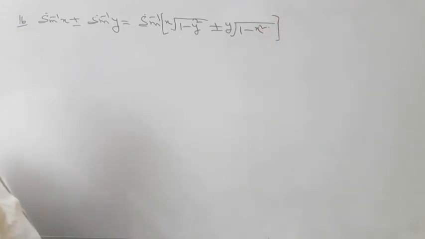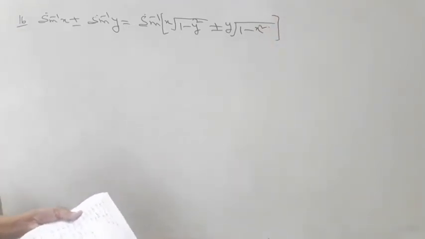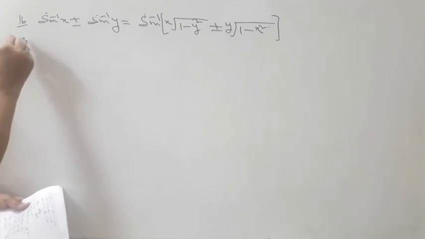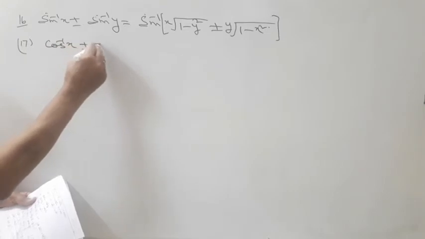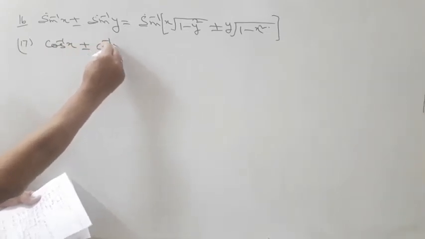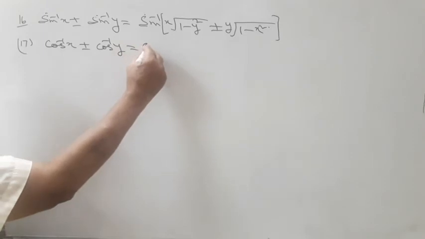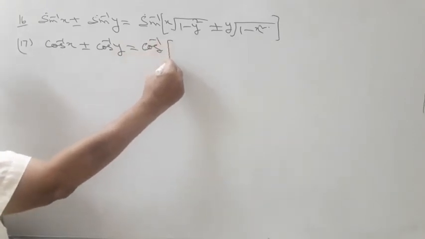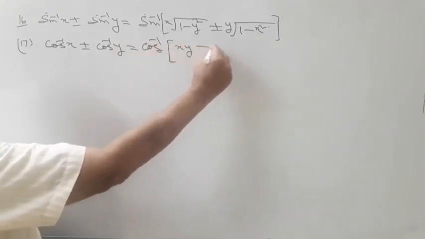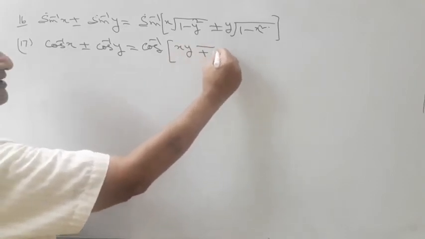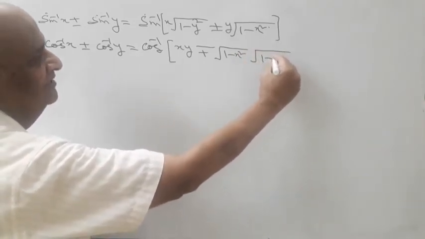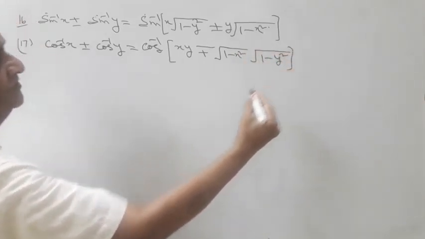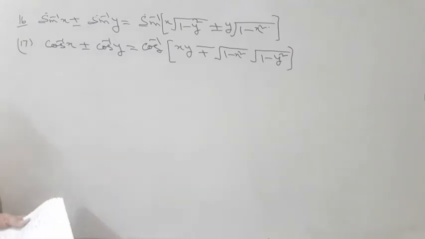And similarly, the 17th result: cos inverse of x plus or minus cos inverse of y is cos inverse of xy minus or plus under root of 1 minus x square under root of 1 minus y square. Please try to remember it, because we shall be dealing with a variety of questions on this.